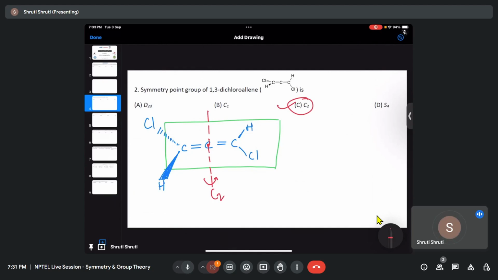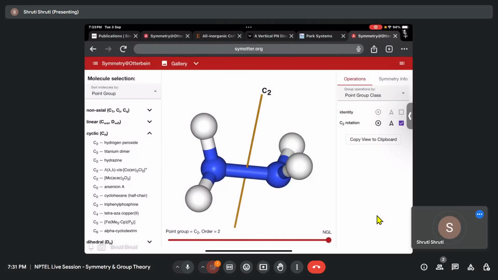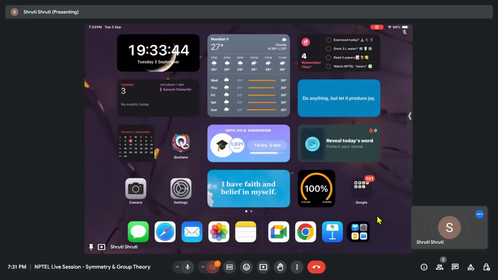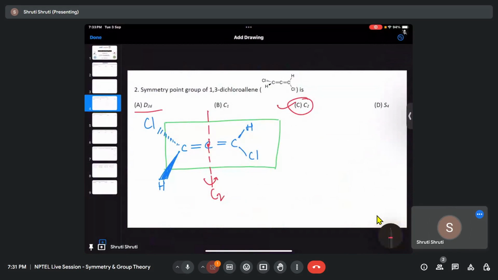So the point group of this is C2. Now what about the other options? The other ones are D2d and S4.